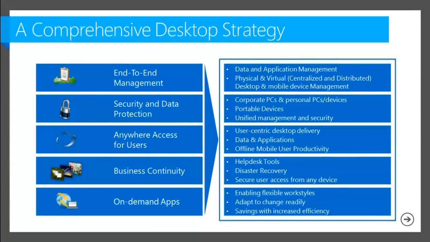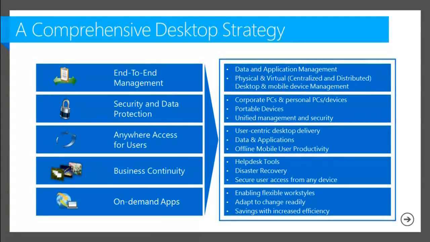You need to be thinking about how your users need to access those applications and desktops, on-premise, from home, from alternative sites, on the road, providing means to access that from a wide variety of locations.